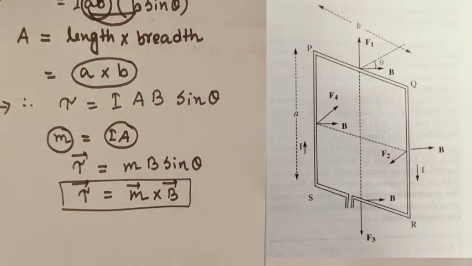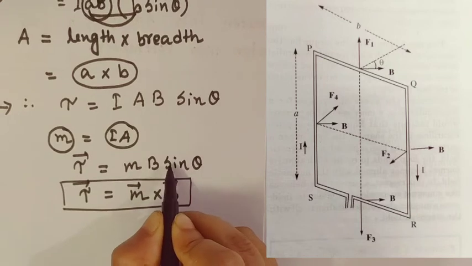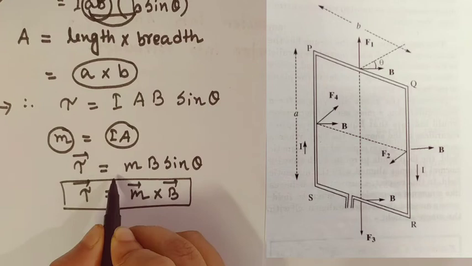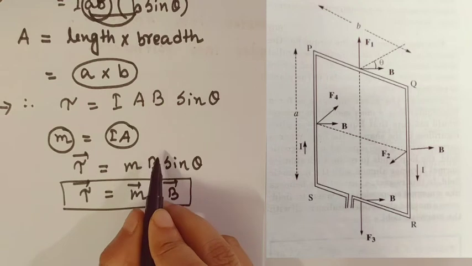So this is our expression for torque, and this result shows that the torque has the maximum value mB when the field is parallel to the plane of the loop. That means theta is equal to 90 degrees, sin 90 degrees is 1, so 1 into mB means mB.